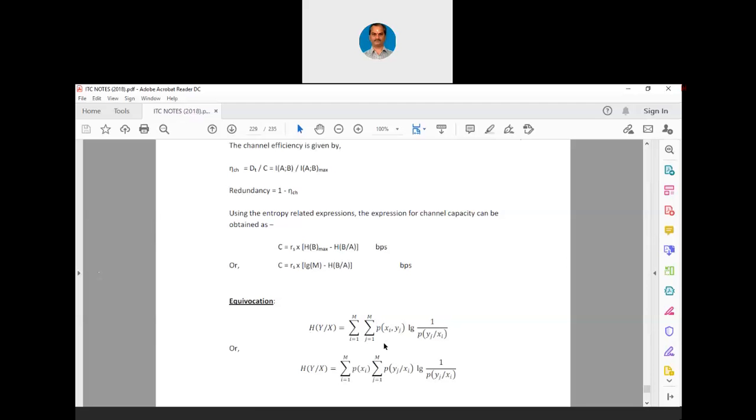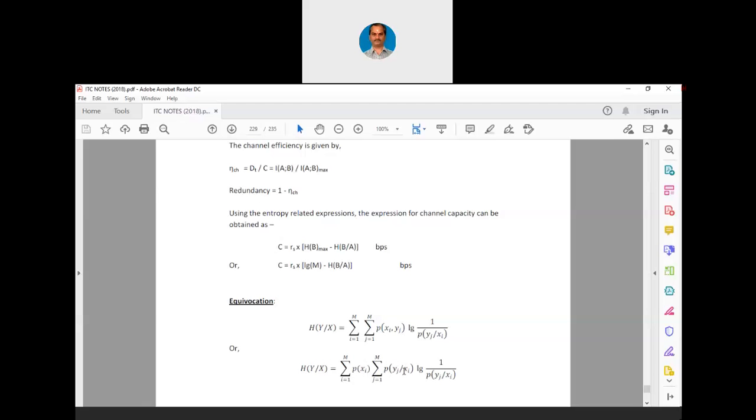I have already told this. It can also be expressed as H(Y/X) equals summation over i equals 1 to m of p(xi) into summation over j equals 1 to m of p(yj/xi) log of 1 over p(yj/xi). We had defined the joint probability in terms of the source symbol probability and the conditional probability.